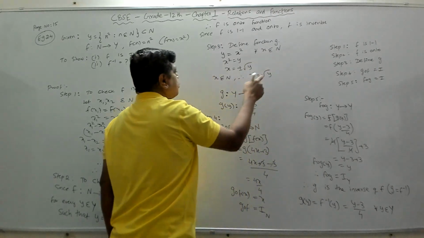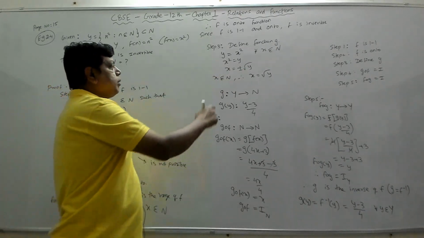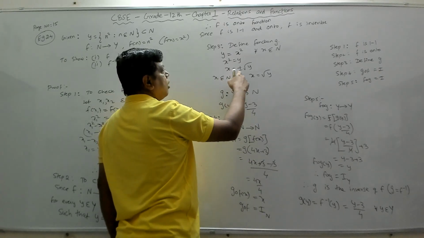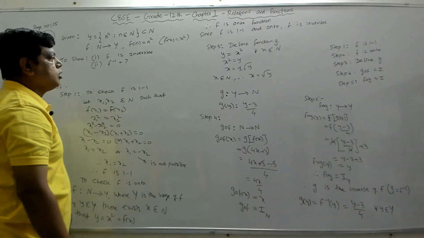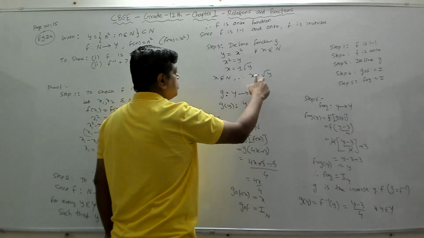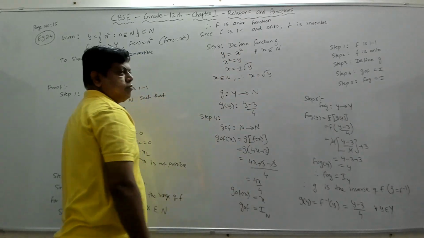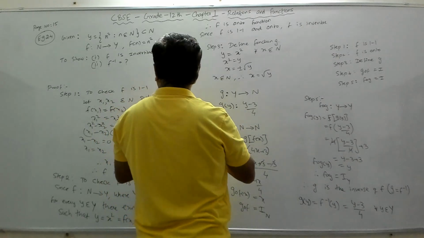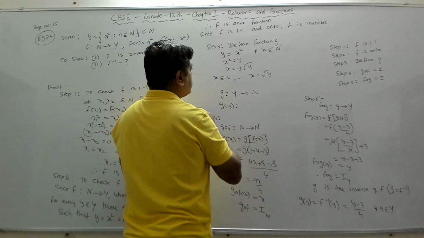In this plus or minus, we can take only plus root y, because if I take minus root y, then x will become negative, and x cannot be negative because x is coming from the natural numbers N. So we have written x in terms of y: x is equal to root y. Now let's define the function g from the set Y to N such that g of y we will call it as this one.